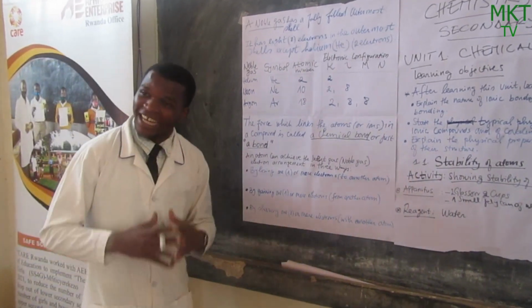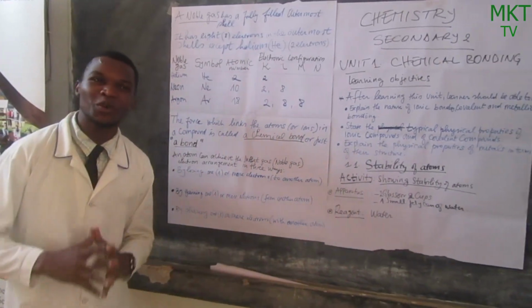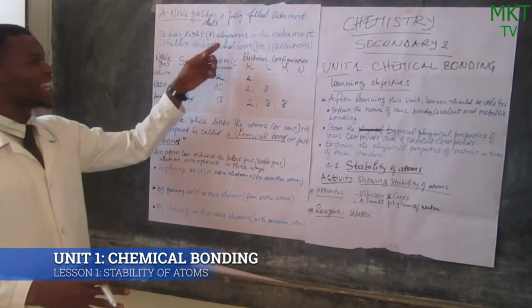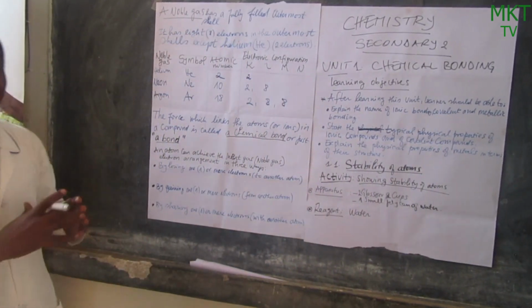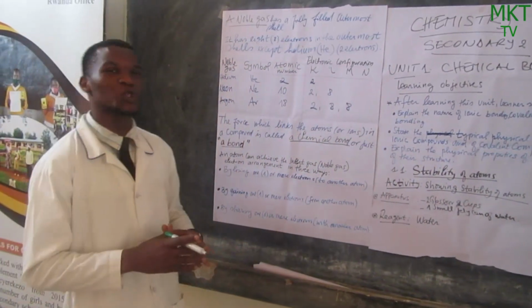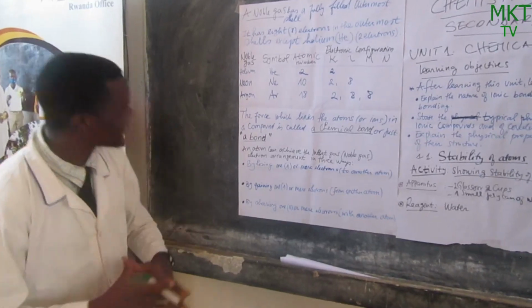Noble gases are the elements of the periodic table found in group 8. They have 8 electrons in the outermost shell, except helium, which has 2 electrons in its only shell.